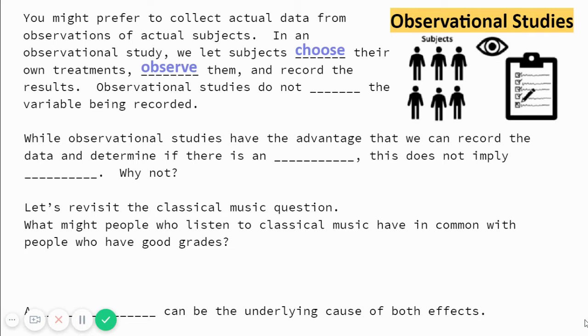One example I gave in class the other day was to say, if I want to find out what kinds of lunches students prefer, then we might stand in the corner and just record how many students pick salads, how many students pick pizza, how many students choose the hot meal. Observational studies do not change the variable being recorded.